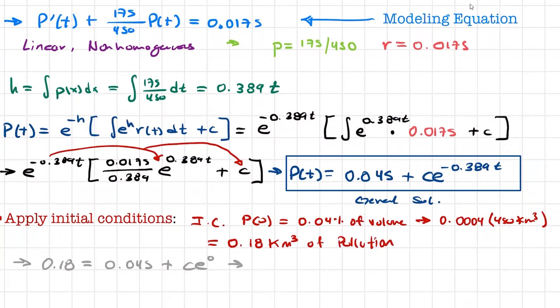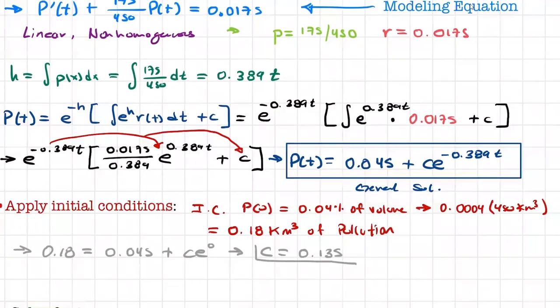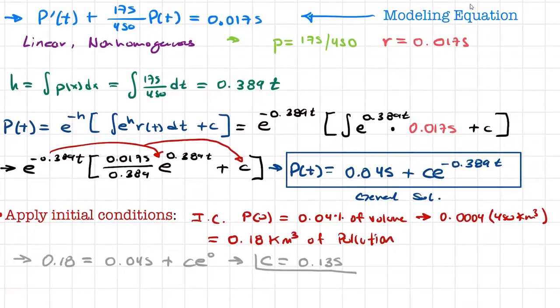Rearranging this, we know that e to the 0 is 1. So solving for C, we get C to be 0.135.